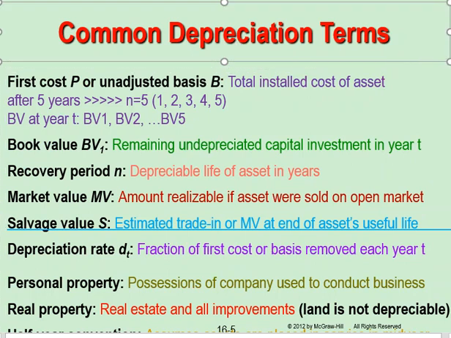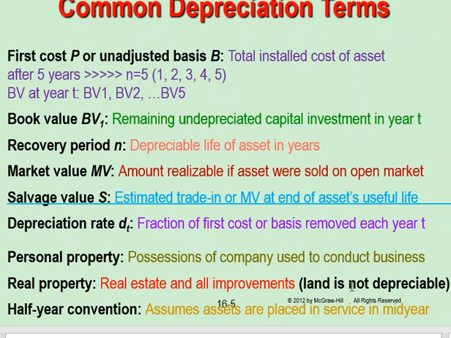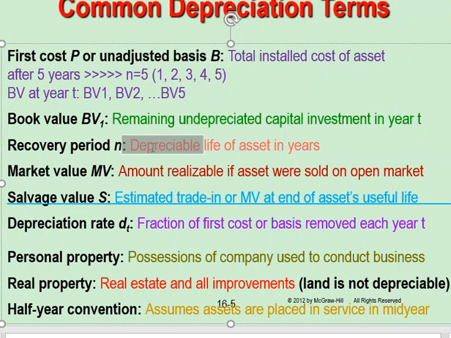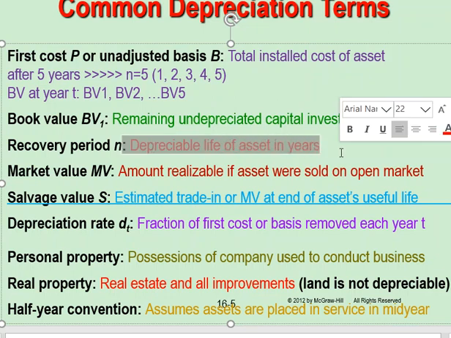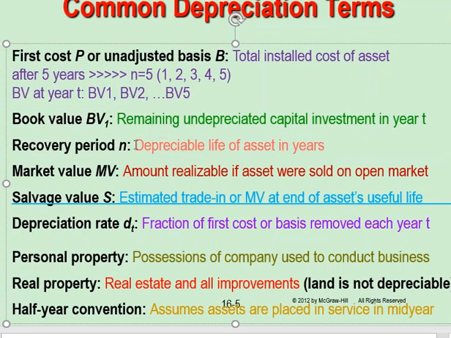So we move a little bit here. Okay, I was talking about it here. I said, hey, this is the depreciable life of the asset in years. So it is recovery period N. This is the life of depreciation of an asset.